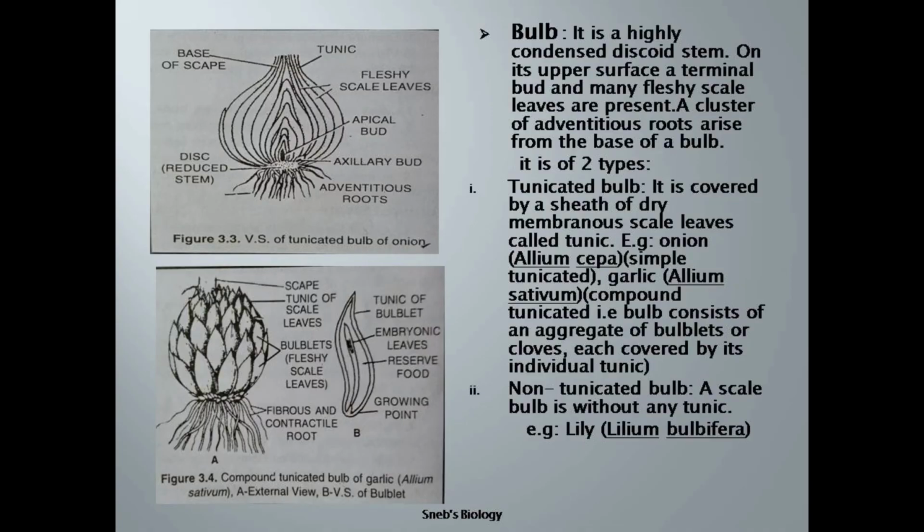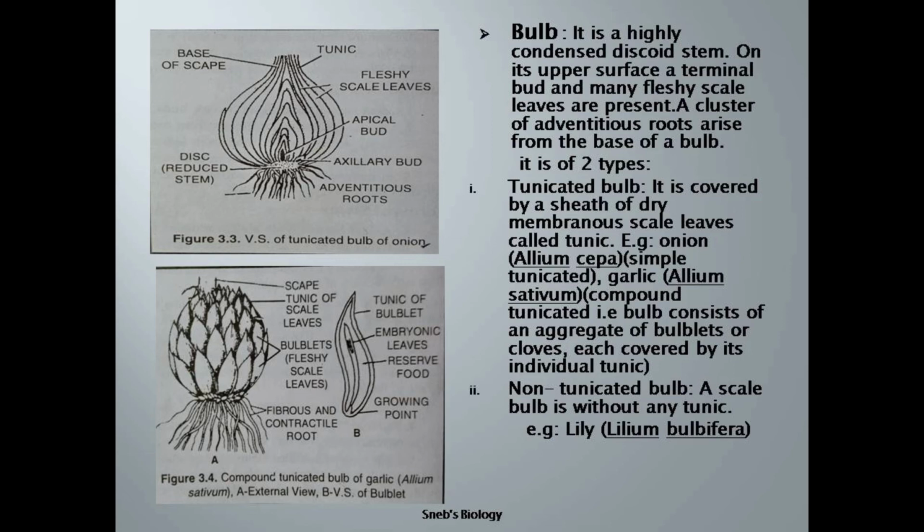amorphophallus. Next comes the fourth one, bulb. Bulb is a highly condensed discoid, or disc-like, stem. On its upper surface, a terminal bud and many fleshy scaly leaves are present. A cluster of adventitious roots arises from the base of the bulb.